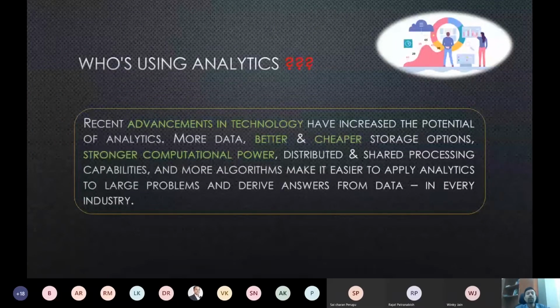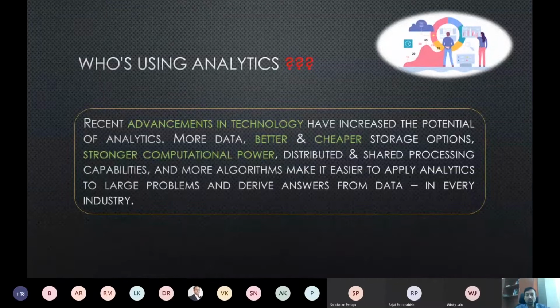You can see I have highlighted it here: advancement in technology, better and cheaper storage options, stronger computation power, distributed and shared processing capabilities, and more algorithms make it easier to apply analytics. So these are the reasons why it is such a popular tool, and why different industries and sectors are going for it.